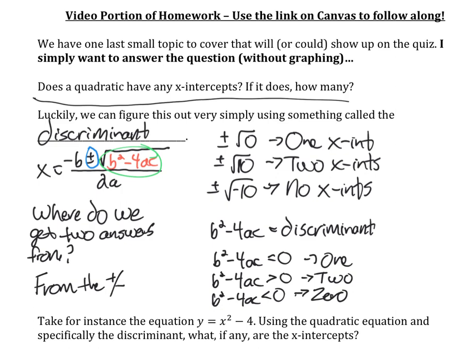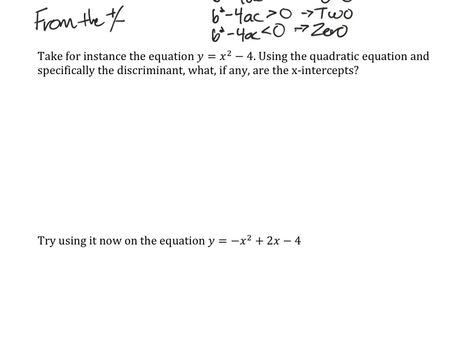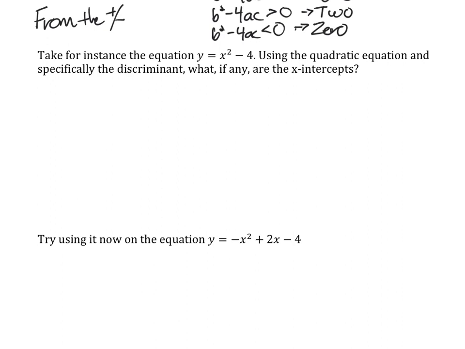So if we move down now and take a look at a few examples, let's do one together. It says, take for instance the equation y equals x squared minus 4. Using the quadratic equation and specifically the discriminant, what, if any, are the x-intercepts? I just want to know the number of x-intercepts here.